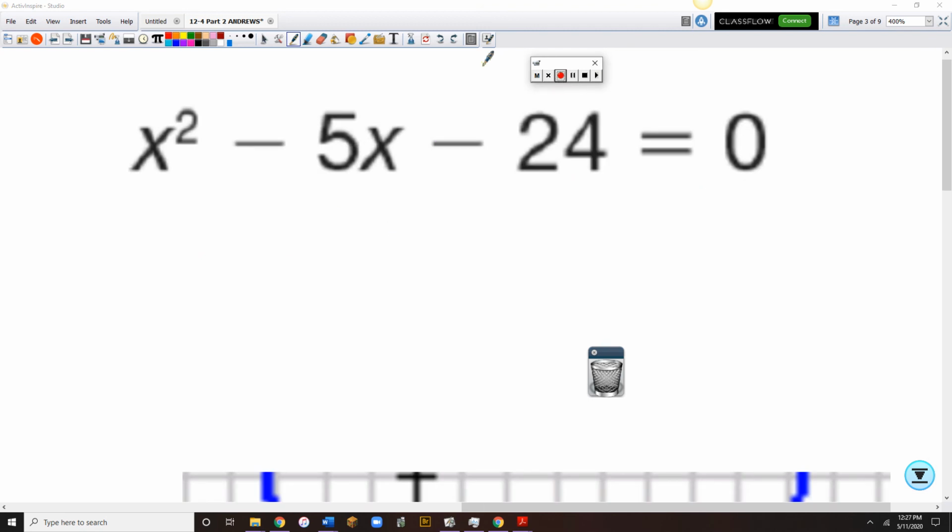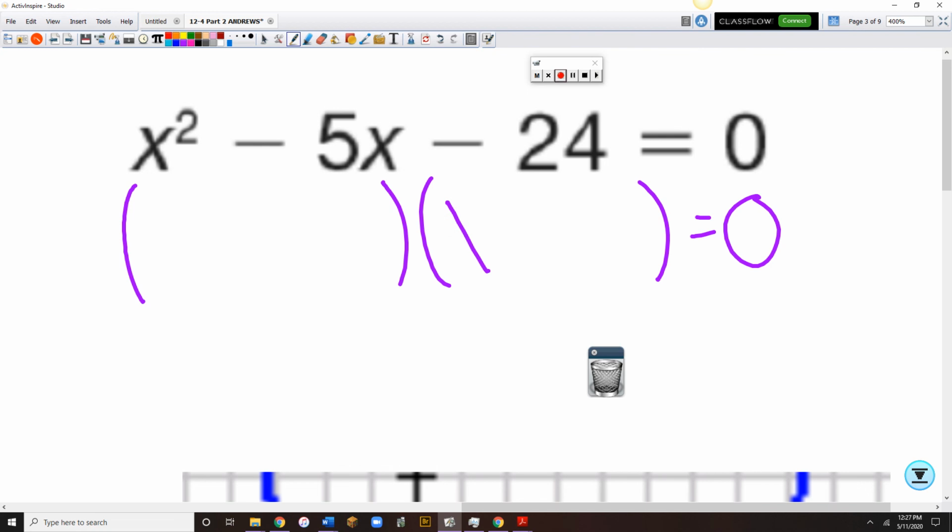Okay, our next one. A minus sign in front of the 24 indicates that one of my signs is a plus, one of my signs is a minus. I could have switched those. The important part is where I'm going to put the numbers.